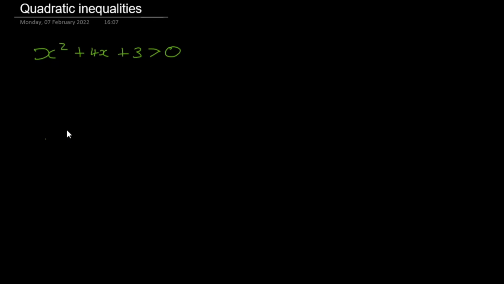So first thing is find the roots. So do your factorization. In this case, you will check the factors of the x squared and the factors of 3. Okay, so what are the factors of x squared? Obviously, it's x times x. And the factors of 3, since you want a middle term of 4, you can almost see that this is going to give us factors of 3 times 1.